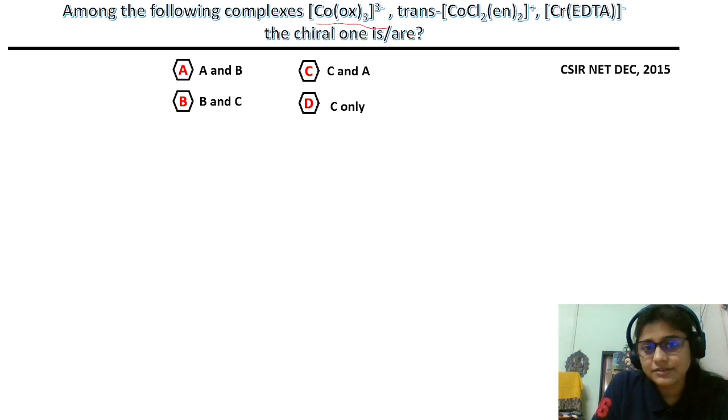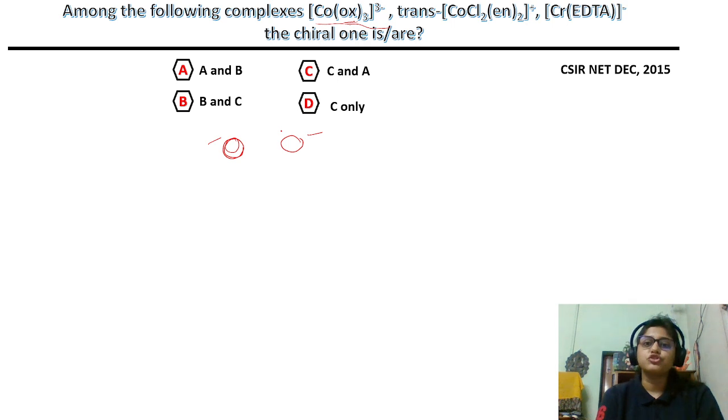Questions are actually asked this way. Oxalate, you have to remember not only the whole structure. If you are not recalling the whole structure, that will be fine, but in the oxalate molecule both negative oxygen atoms are there, that you should understand.